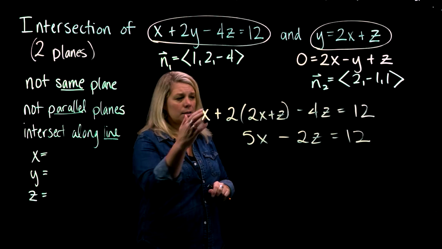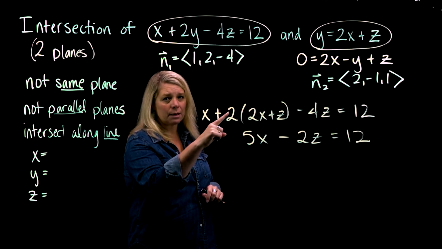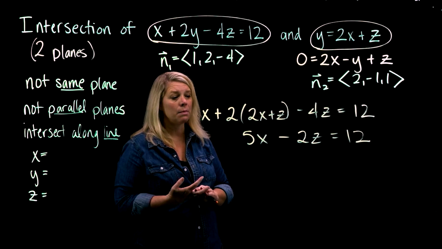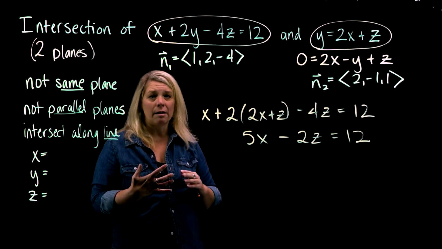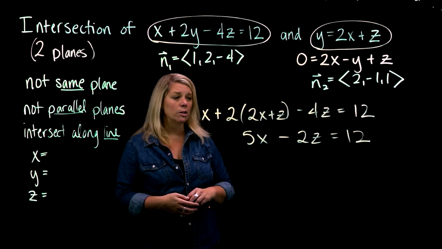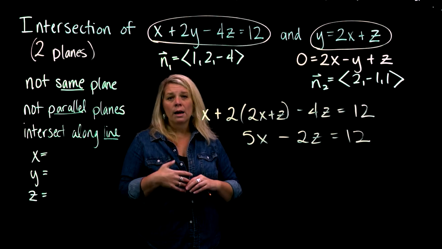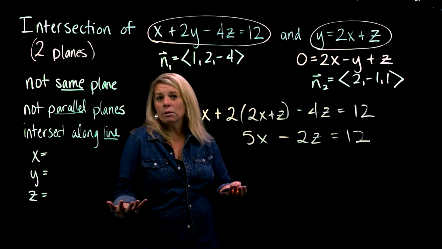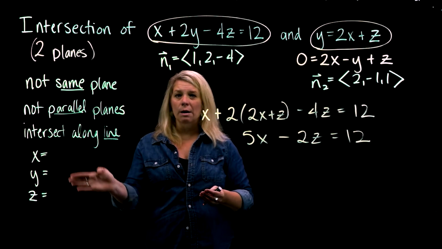When I solve this system, because I have an underdetermined system, I will have infinitely many solutions, so I will have what we call a free variable. You might remember that from algebra when you worked on solving systems of equations. We often use a parameter to represent that. I'm going to use t, which is what we often use for parameters in our parametric equations.